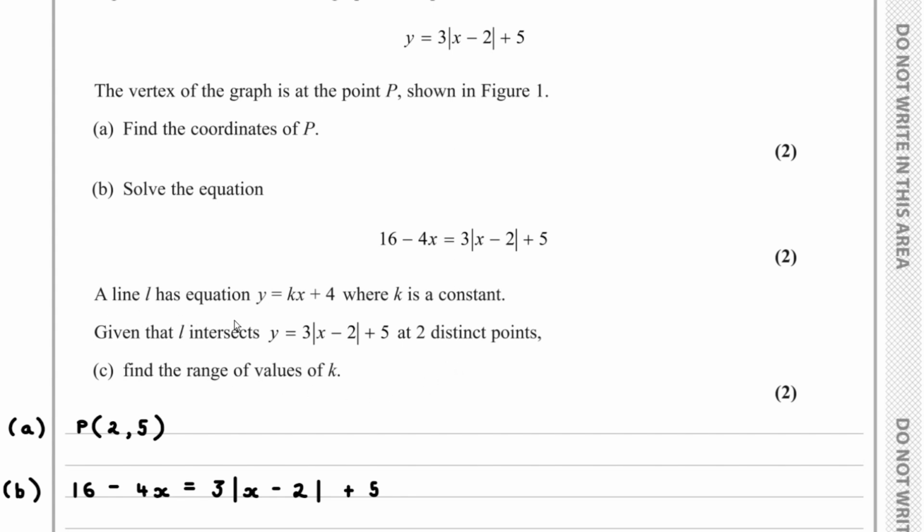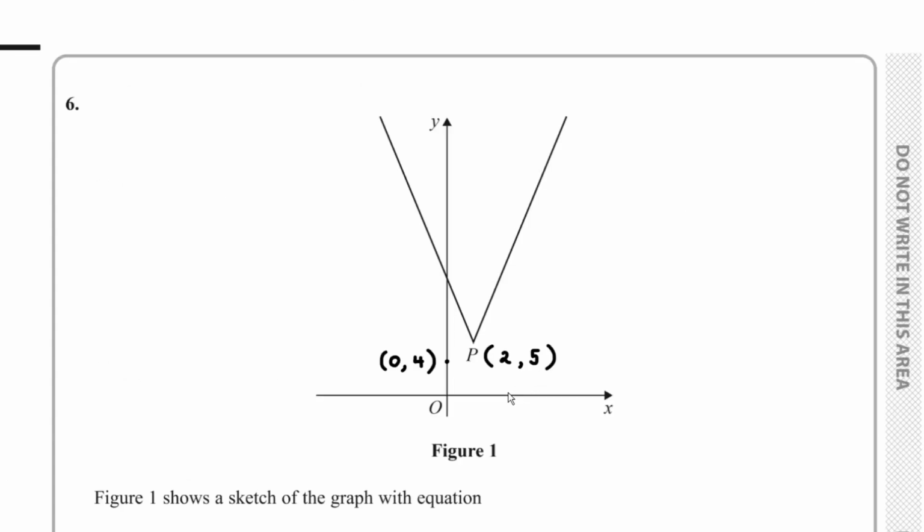A line L has equation y equals kx plus 4, where k is a constant. Given that L intersects y equals 3 times the mod of x subtract 2 plus 5 at 2 distinct points, part C, find the range of values of k. Now here we have the coordinates 0, 4, which correspond to the y-intercept of the graph of y equals kx plus 4.